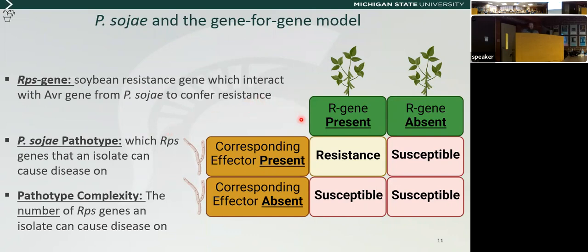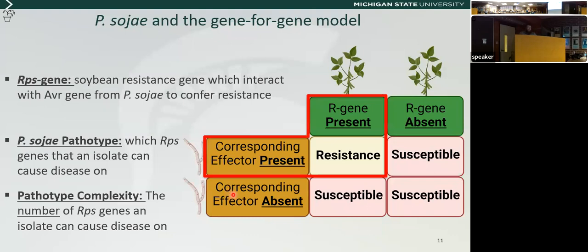So looking at this diagram, on the top are our soybean plants, either with an R gene present or an R gene absent. And on the left side, we have Phytophthora, either with a corresponding effector or without a corresponding effector. And what we see is that the R gene present in the soybean germplasm has to be able to recognize and detect the corresponding effector from Phytophthora to be able to mount a defense response and have that hypersensitive response and confer resistance.